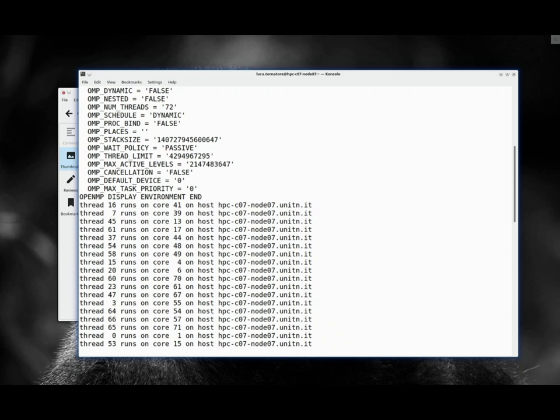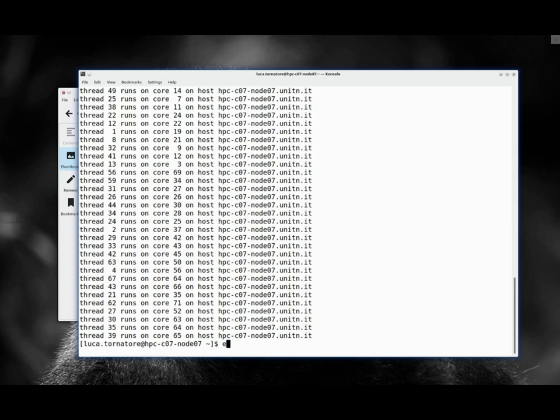Fine. And then I leave it to you to change the places and proc_bind, for instance. So, export OMP_PLACES=sockets, export OMP_PROC_BIND=master.